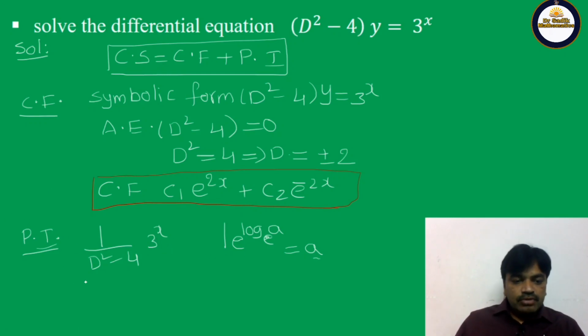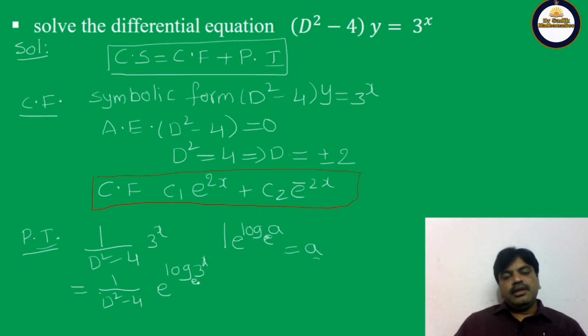Now I want to write this as 1 by (D square minus 4) into e power log 3 power x to the base e, friends. What is the result here? A. What is in place of a? We have 3 power x.